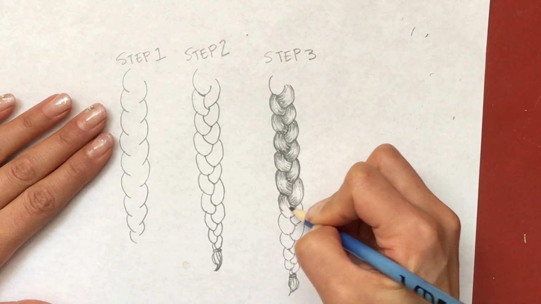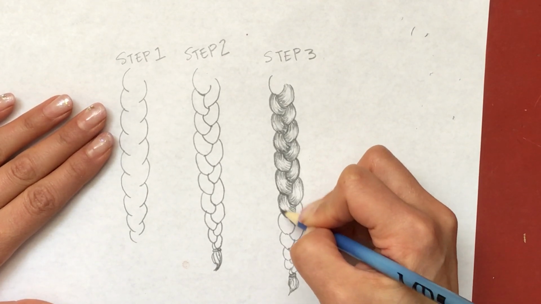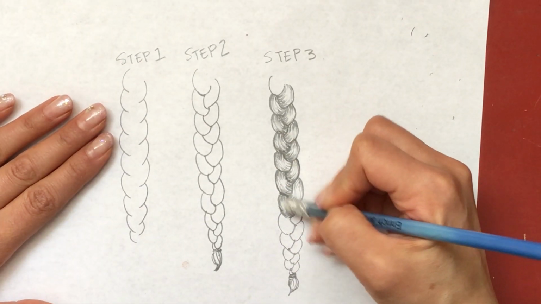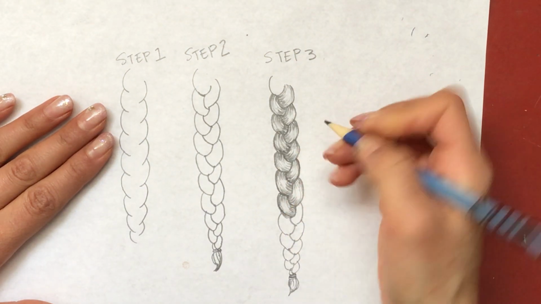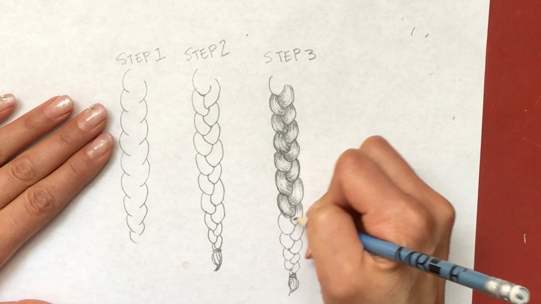So keep going with the shading and make sure that you're blending it and making any adjustments as needed. Feel free to watch this video as many times as you need to in order to really nail this technique.